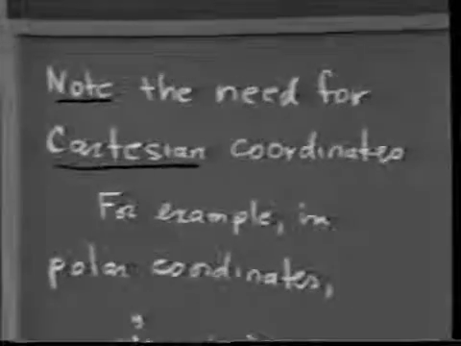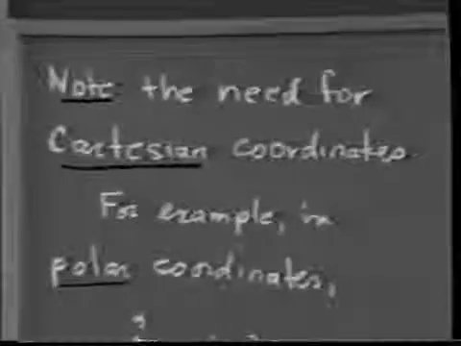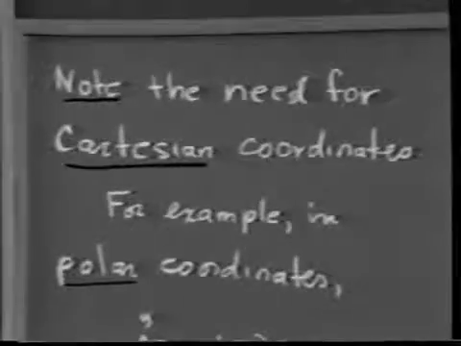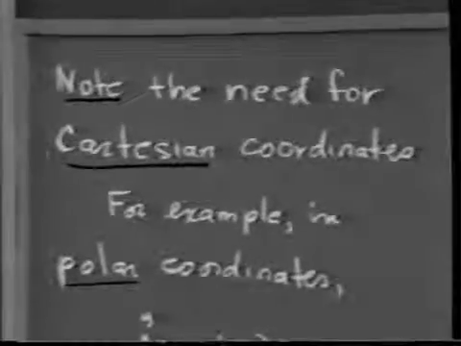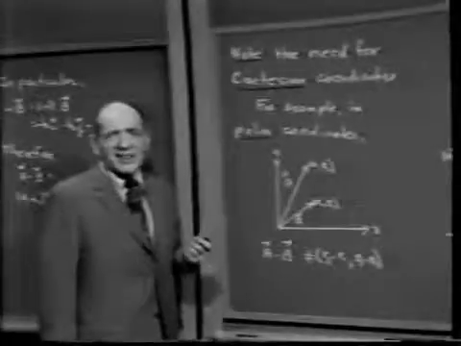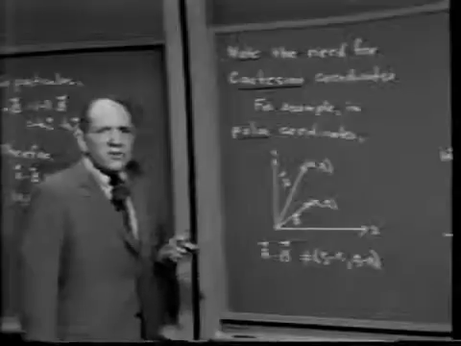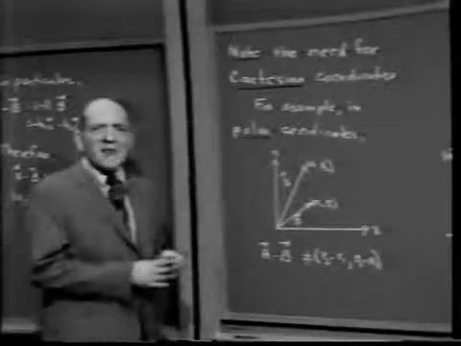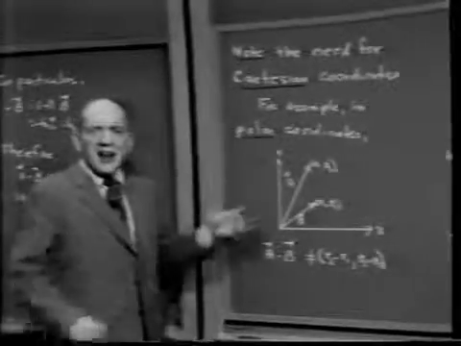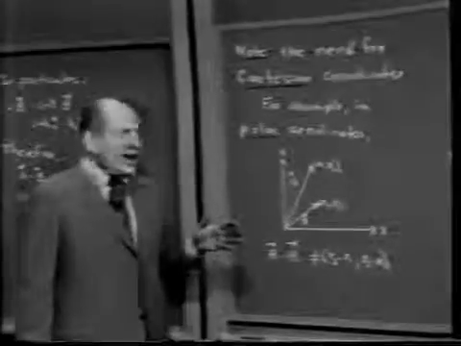Let me talk instead about something called polar coordinates. Now, later on, we're going to talk about polar coordinates in much more detail. But for the time being, let's view polar coordinates simply as a radar-type thing, as a range and bearing type navigation.